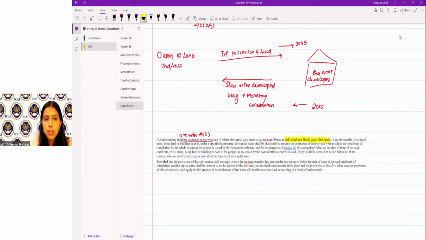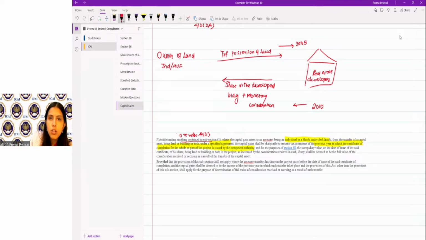So specified agreement means the agreement in which a person owning the land agrees to allow another person to develop the real estate project in consideration of share in that land or building or in that project. Clear? So where he transfers under the specified agreement, the capital gains shall be chargeable to income tax as income of the previous year in which the certificate of completion for the whole or part of the project is issued by the competent authority.